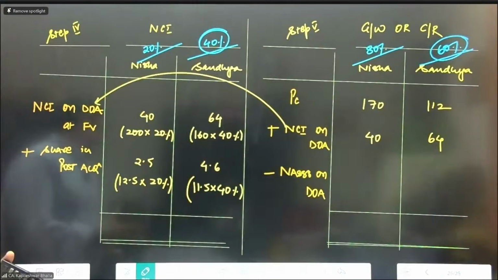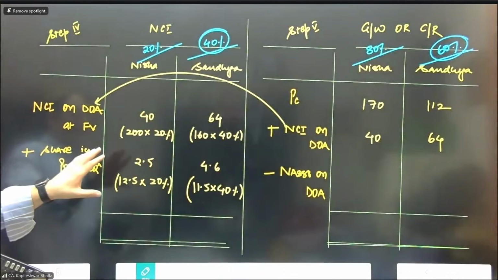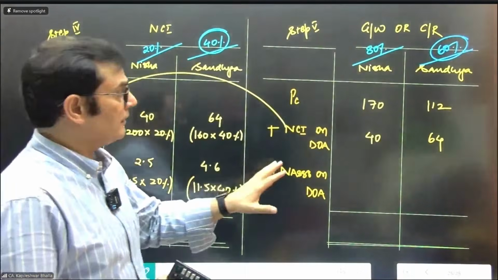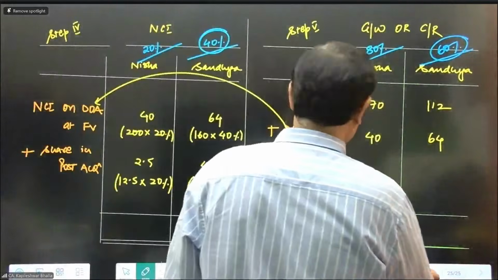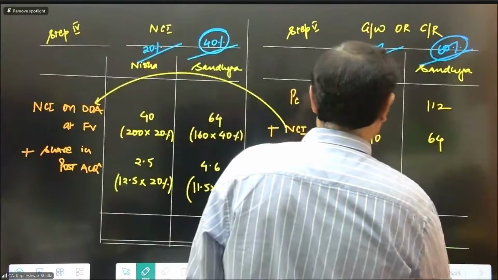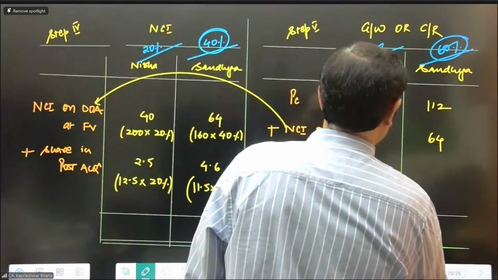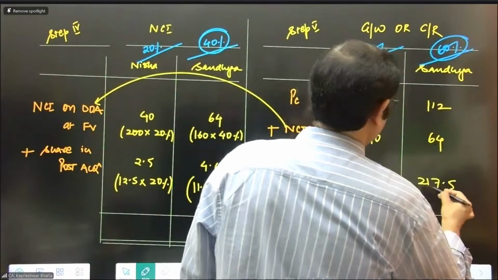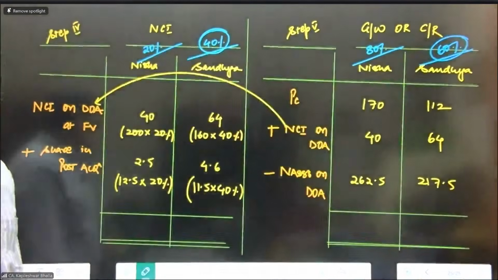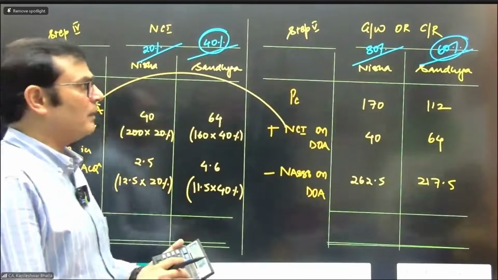So on the apparent level, NCI done so far, and this is done. Now let's take the net assets. That's 262.5 and that's 217.5. So at least we can get the goodwill or the bargain purchase gain.